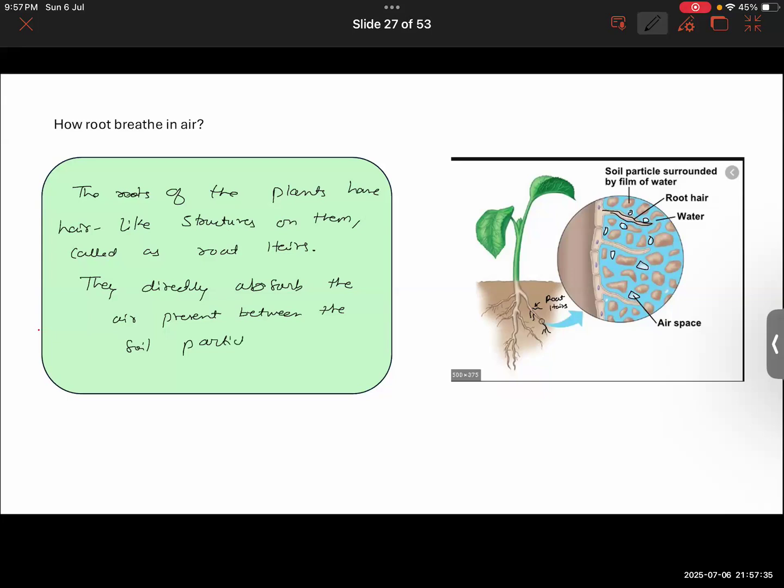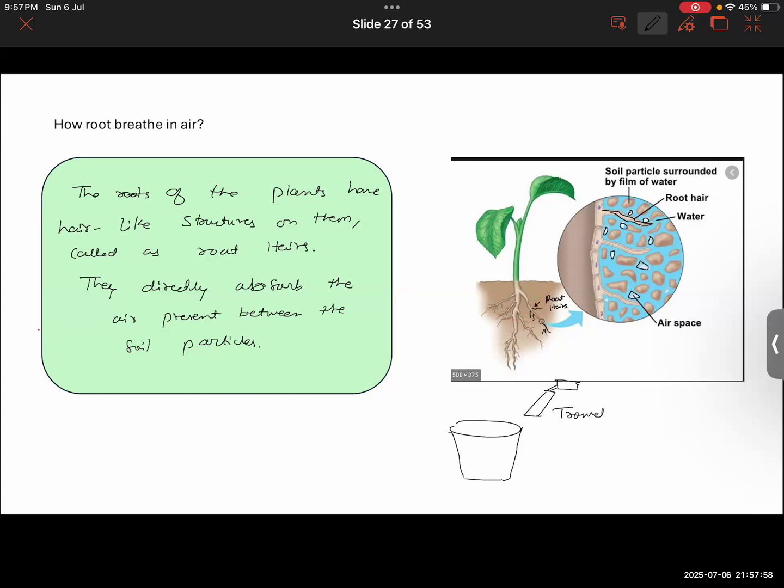So it is often recommended that we should loosen the soil. If you have a potted plant at home, once in a while, with the help of a trowel, we should loosen the soil so that air spaces are created between the soil particles and the roots can breathe easily.